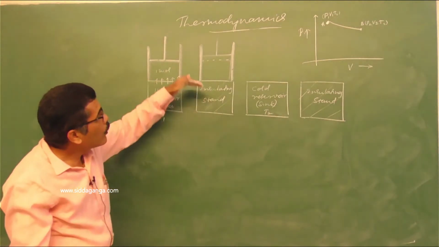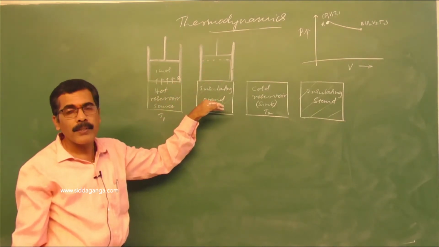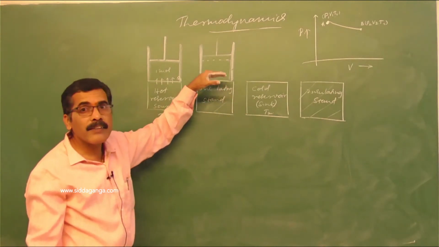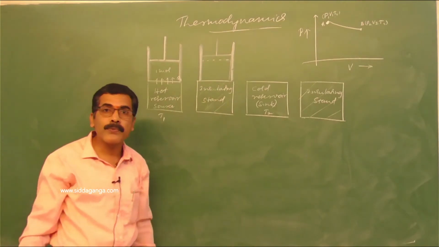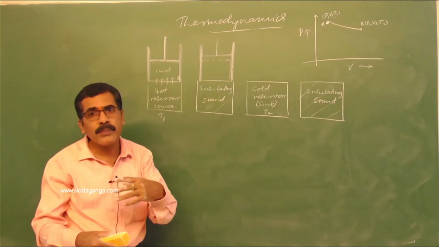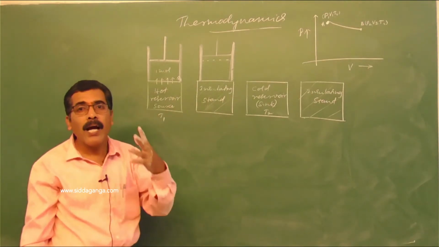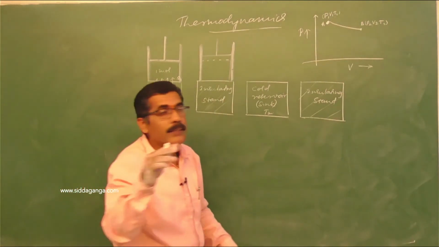So therefore, no heat enters the system nor leaves the system. Have you got it? No heat enters the system from surroundings nor leaves from system to surroundings. But gas uses its internal energy and expands, and this expansion is an adiabatic expansion. When it expands, its temperature decreases.